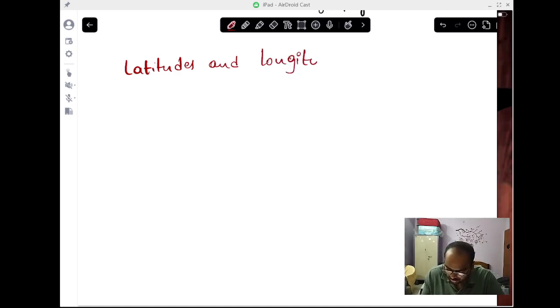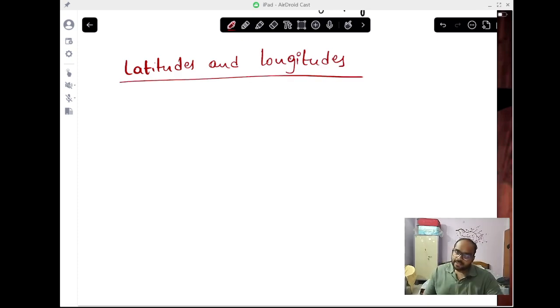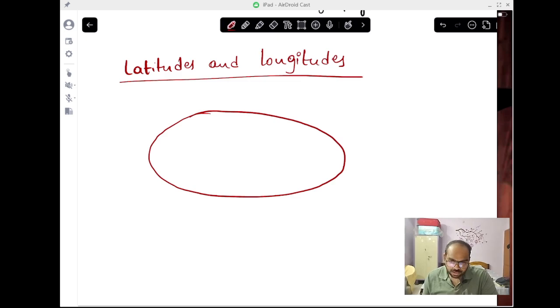Why do we use latitudes and longitudes? We all know that Earth is similar to a sphere, but it is not a sphere, because if we look closely, Earth is flattened at the poles. There is no such thing called flattening on a sphere.